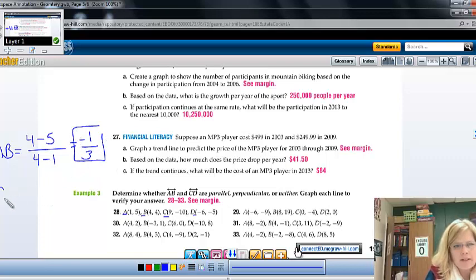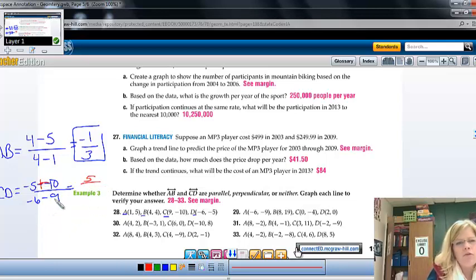Now I can find my slope of CD, and that would be -5 minus -10 over -6 minus 9. Well, two negatives make a what? Positive, so that's going to make a positive. So that would be a 5 over, what does that make? A -15. Can you reduce that?